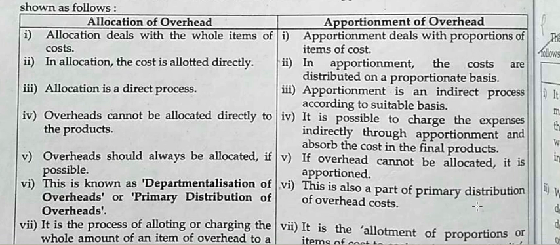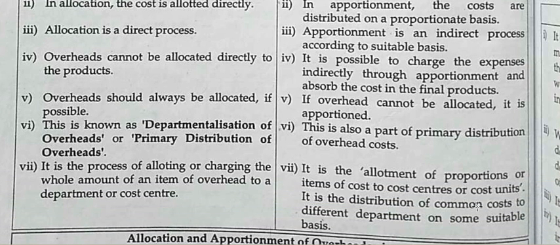Number 5, overhead should always be allocated if possible. If direct allocation is possible, then only allocation is done. Otherwise, apportionment is required. If overheads cannot be allocated, they have to be apportioned. Number 6, this is known as departmentization of overheads, meaning the overheads are simply gathered to a particular department, or primary distribution of overheads, whereas apportionment is known as secondary distribution.